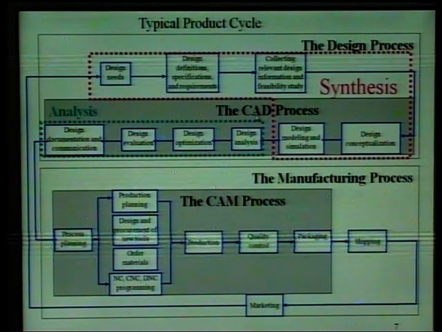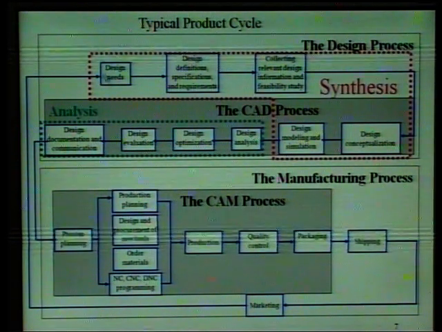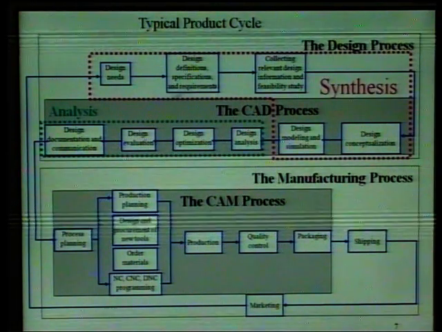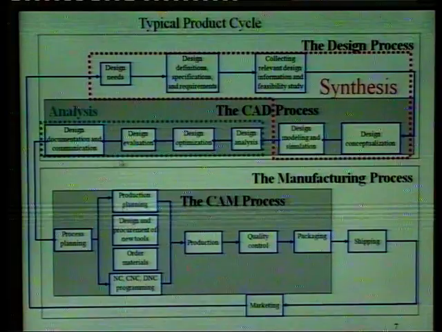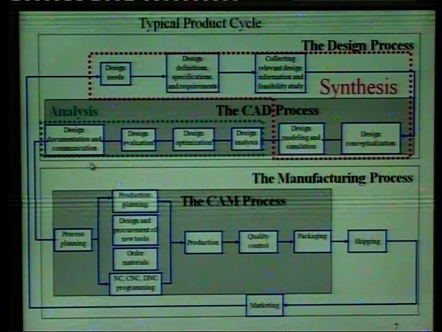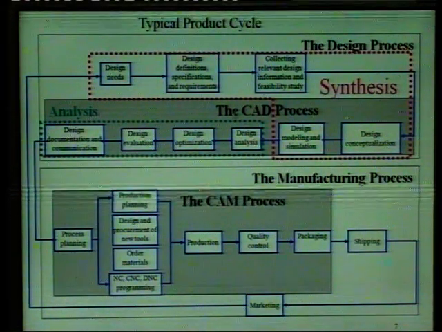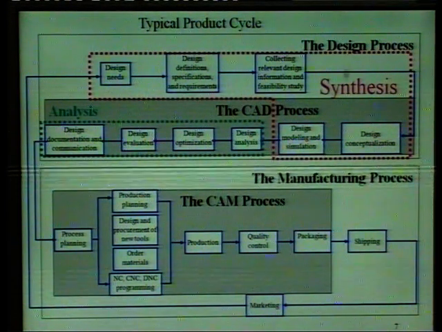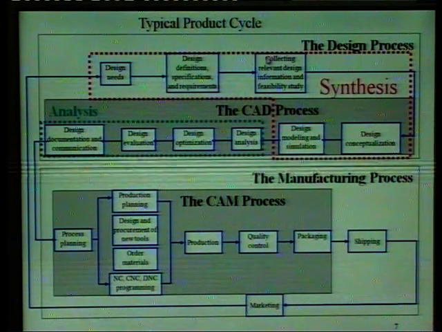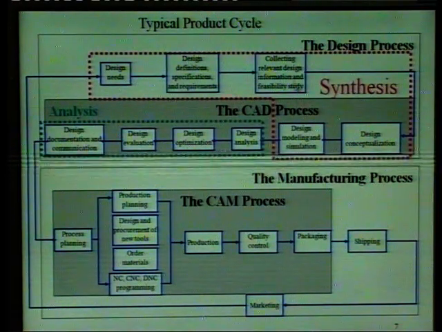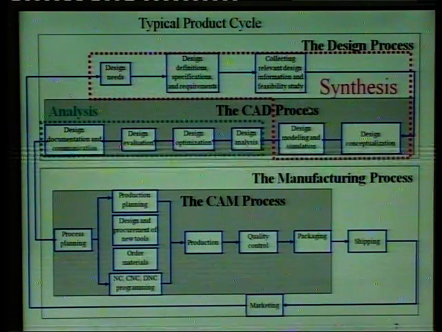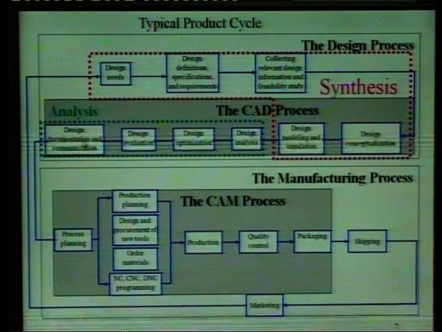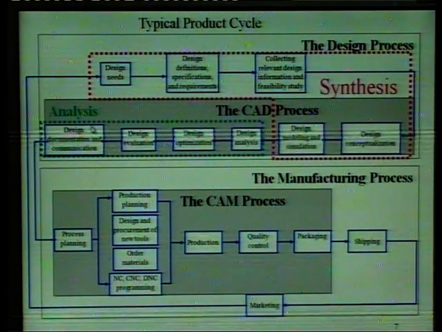And one more distinction is there is one box which is encircling 1, 2, 3, 4, 5, 6, 7, 8, 9 steps of this procedure, and these first 9 steps correspond to the design process. Out of these 9, the first 5 steps are the synthesis steps, and the remaining 4 steps are the analysis steps of the design process.